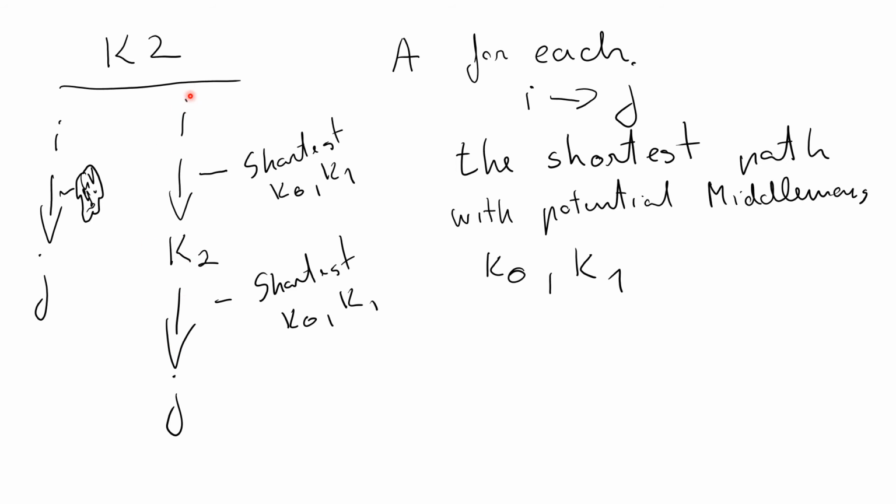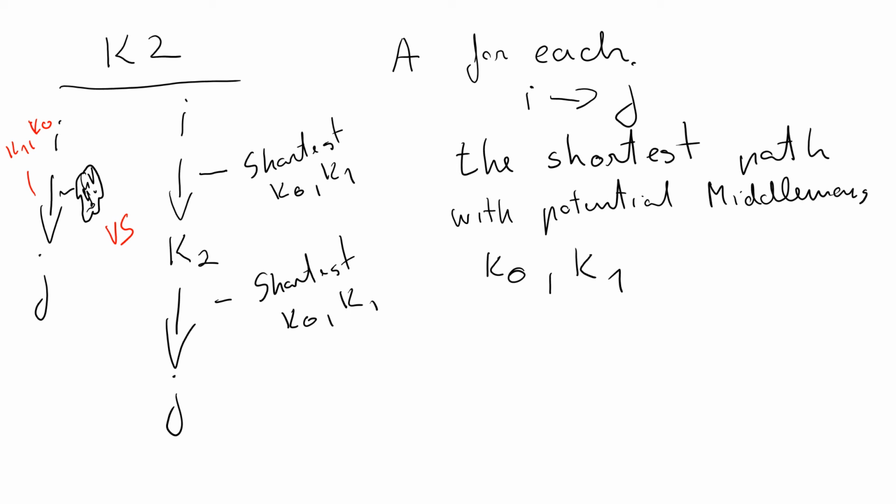Then we can say that this also, now when we add K2 here, is the shortest path. And then we can just in a very relaxed manner compare these two, because we know this also is the shortest path considering K1 and K0.